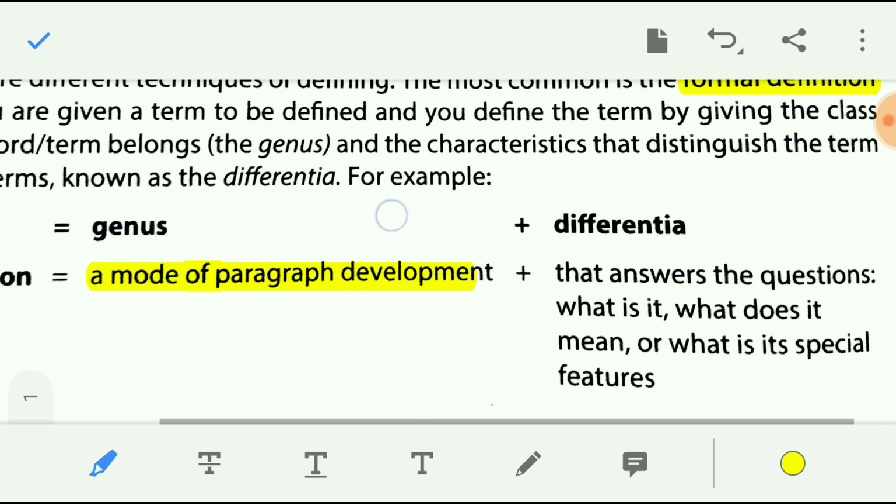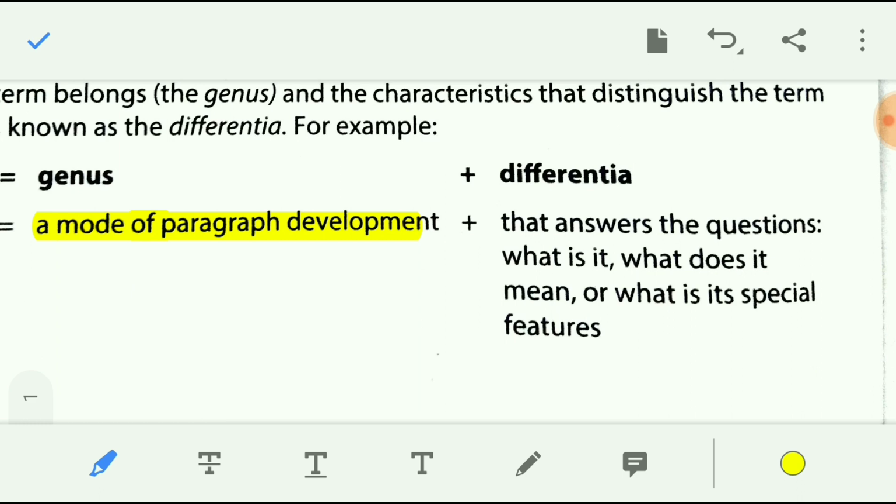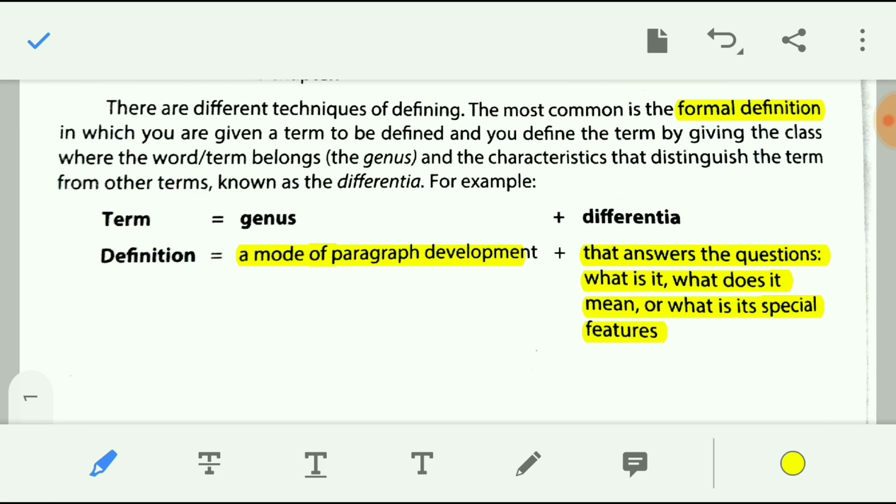And in this case, it has to be different from all the other modes of paragraph development, and it can be different in the sense that you have this differentiation, which answers the questions: what is it, what does it mean, or what are its special features. So here you get to define what definition is using the term, genus, and differentia.